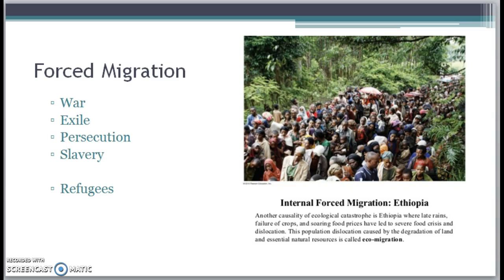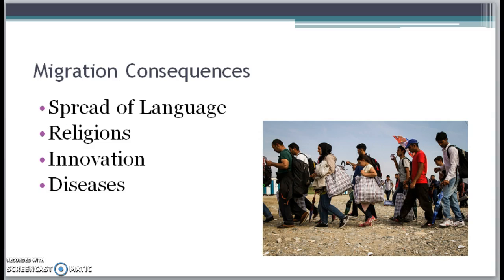All right, and then last but not least, you should be familiar with the course migration consequences. A few on the screen that you can think about: we have the spread of language. When we talked about, for example, the diffusion of English, when we talked about England colonizing, even the 13 colonies in America, that was one of the ways that English diffused.